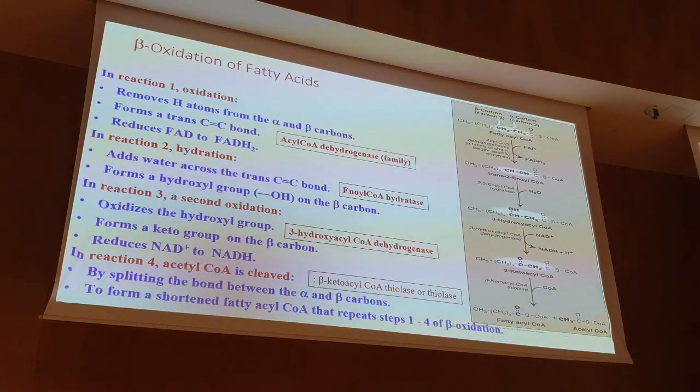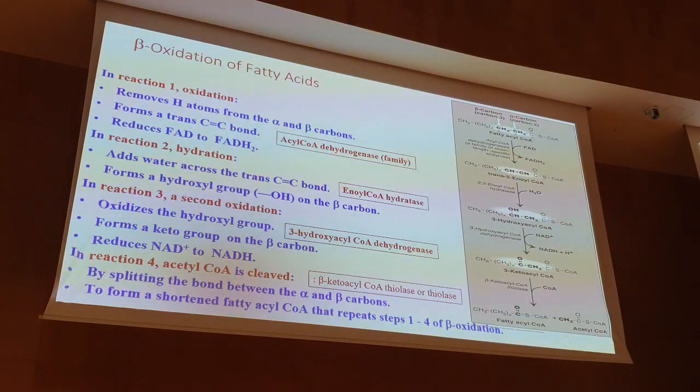Next step, I need a molecule of water. Okay, so that the double bond that I made in my first reaction, I can now reduce that double bond or hydrate that double bond. Third reaction, I take out another pair of electrons and hydrogens, but this time I transfer it onto NAD.